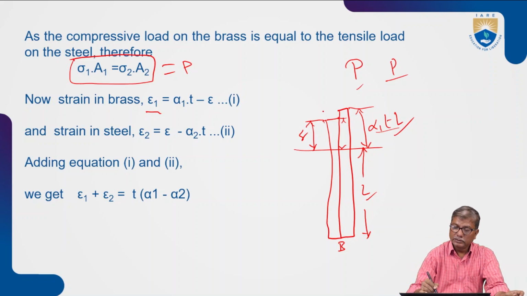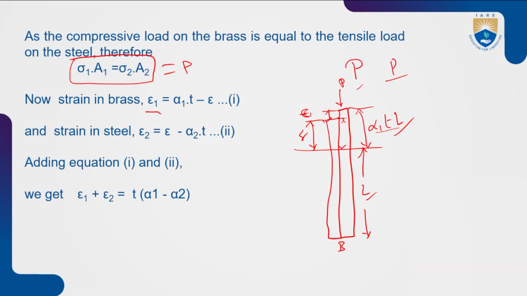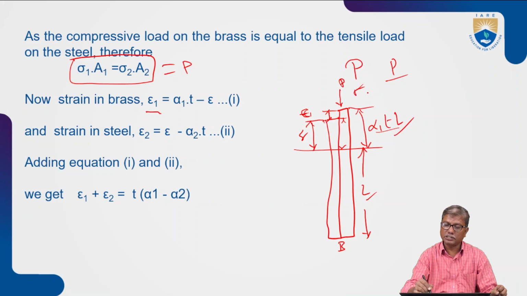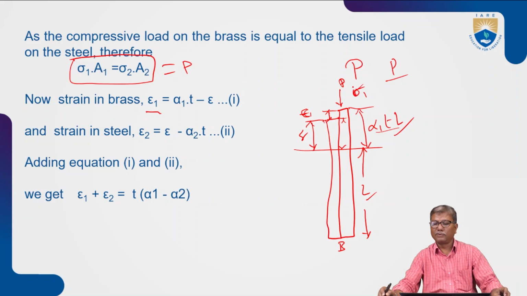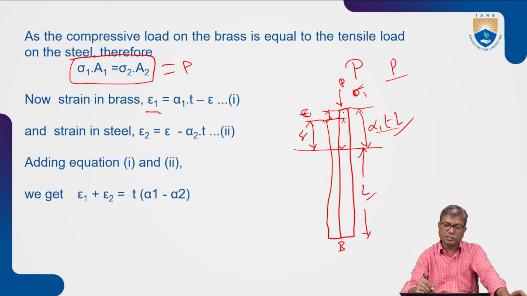And this is the compressive strain to which brass bar is subjected because of this force P. Because of this force P or stress sigma 1 developed, it is subjected to a compressive strain of epsilon 1. Here epsilon will be the final strain. Beyond the initial length, it expands by delta.